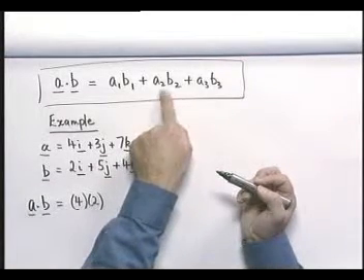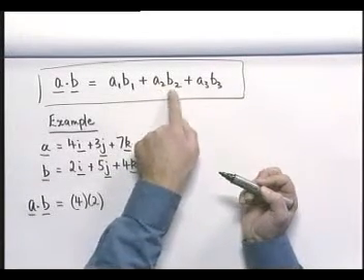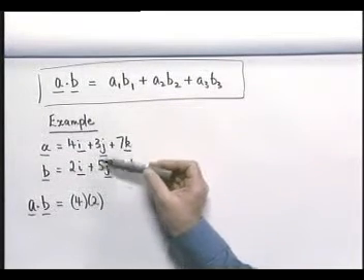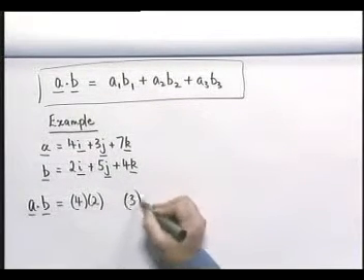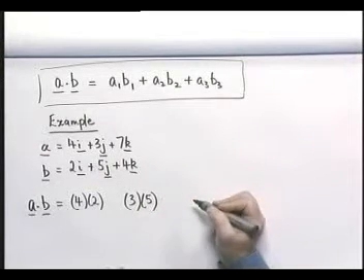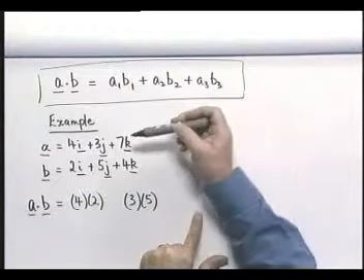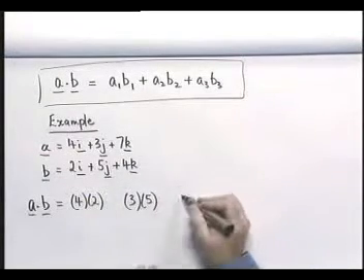We multiply the corresponding j components together, A2 B2. Well, this is A2, and this is B2. So we want 3 times 5. And then we multiply the corresponding k components together, A3 B3, which is 7 times 4.